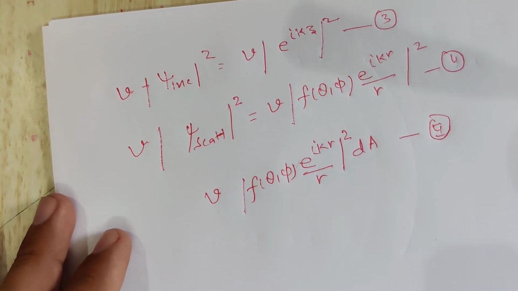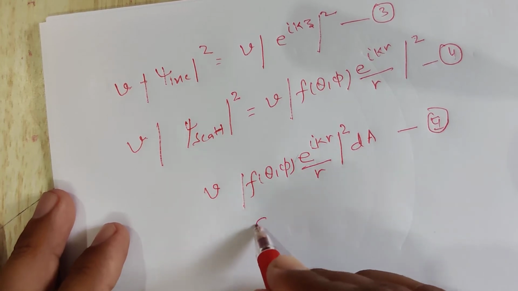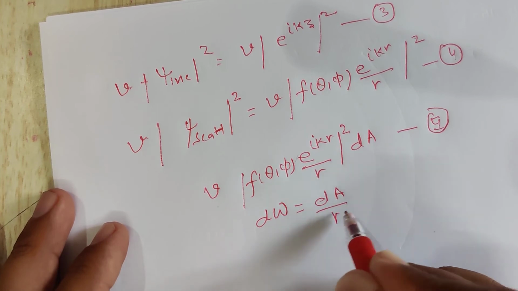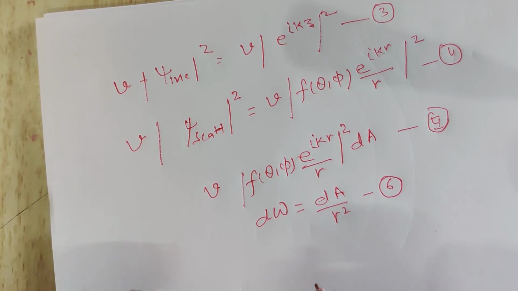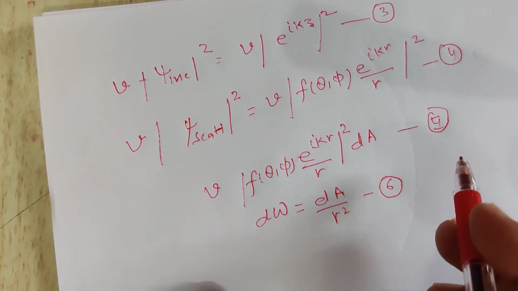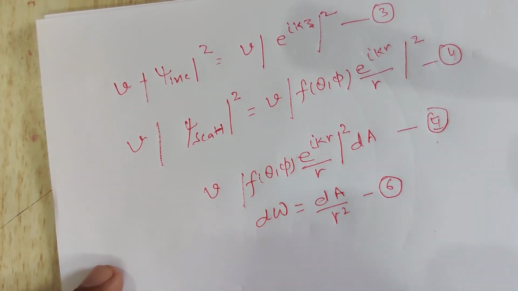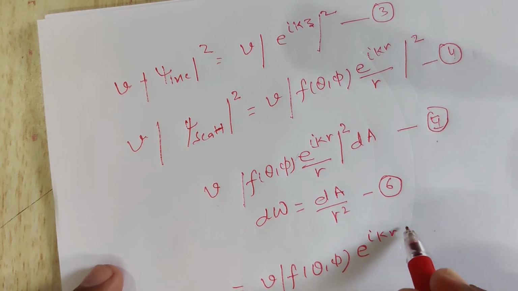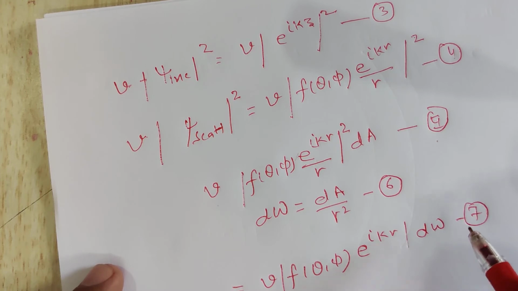Since the solid angle subtended by the detector at the scattering center is given by d omega equals dA upon r square, this is equation number 6. From equation 5, the number of particles crossing the area dA per second is given by V |f theta phi exponential iota kr| square d omega. This is represented by equation number 7.